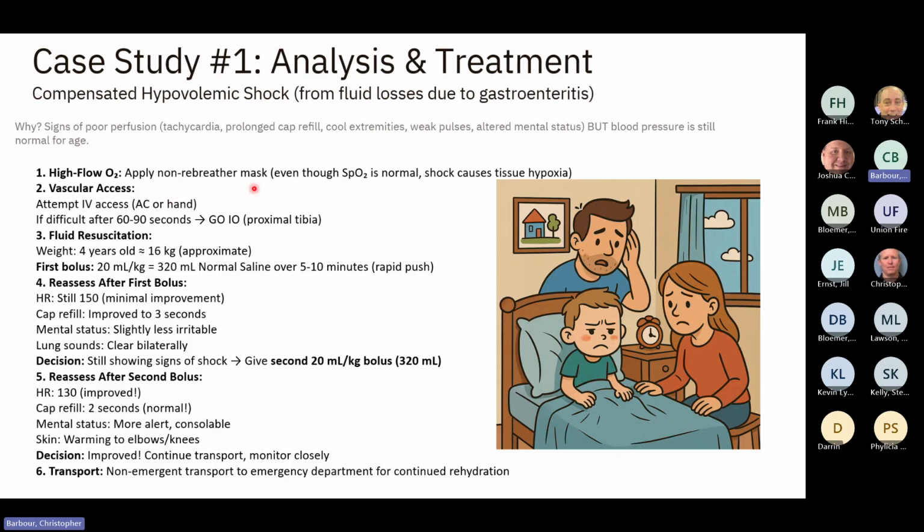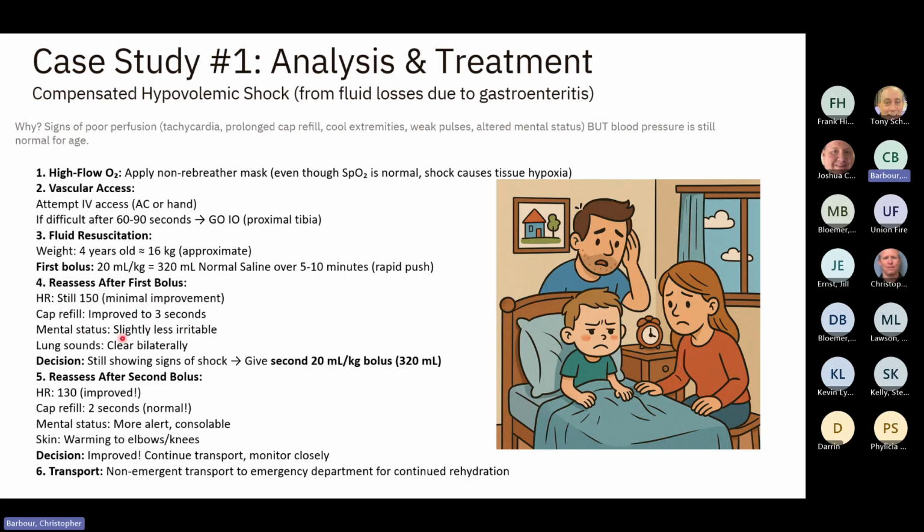So here we are. This is the treatments that I kind of threw out there. Putting them on some oxygen just because of the shock, and then going ahead and giving them fluids, and then we reassess.